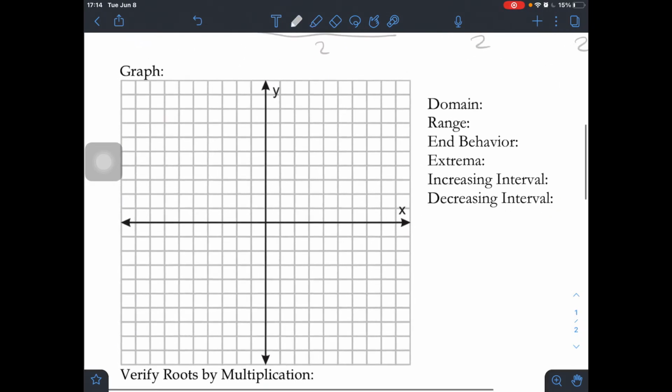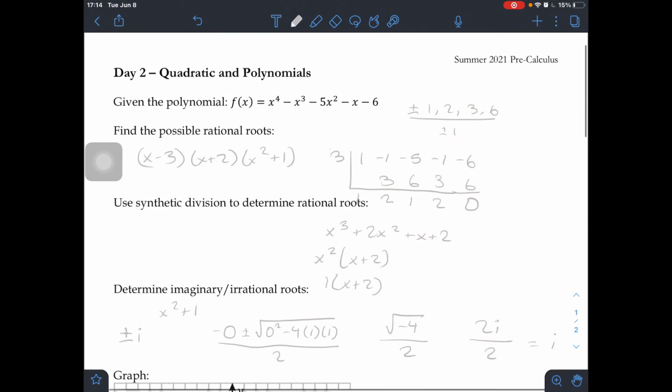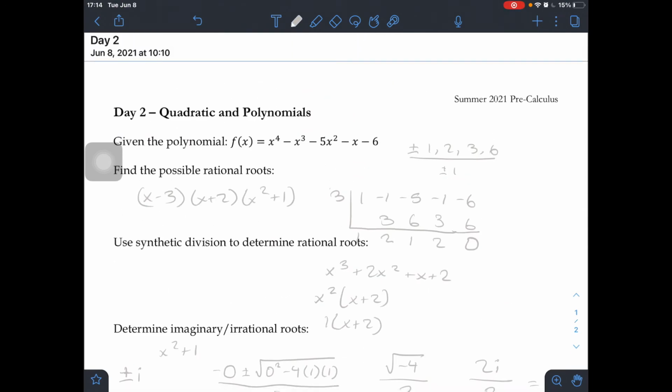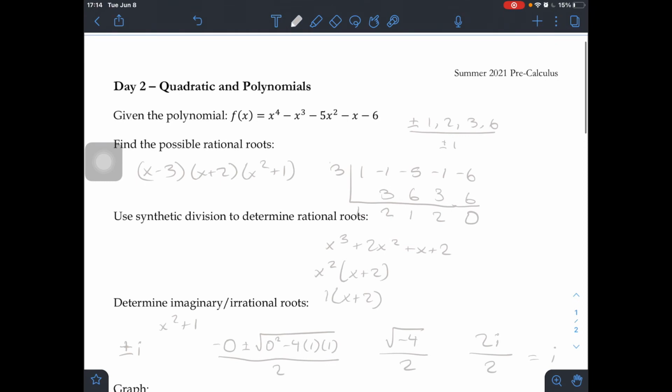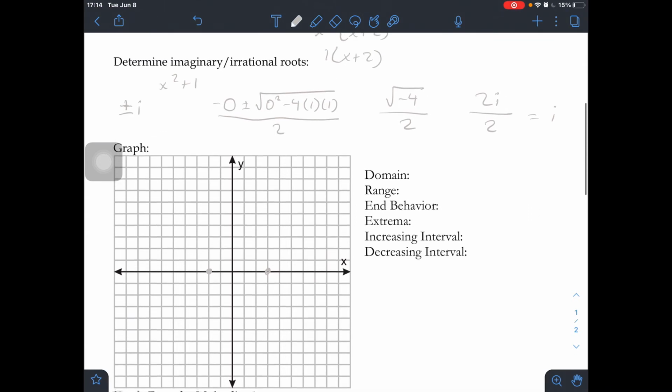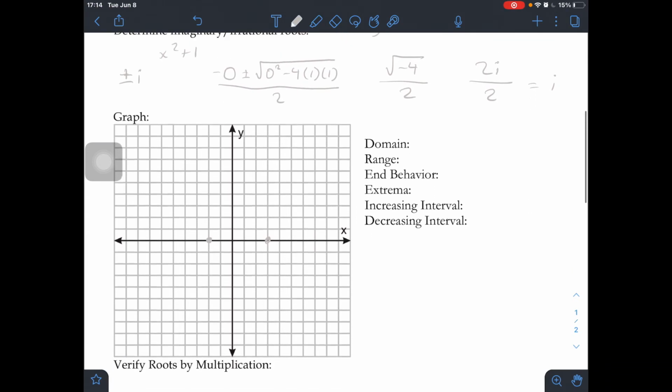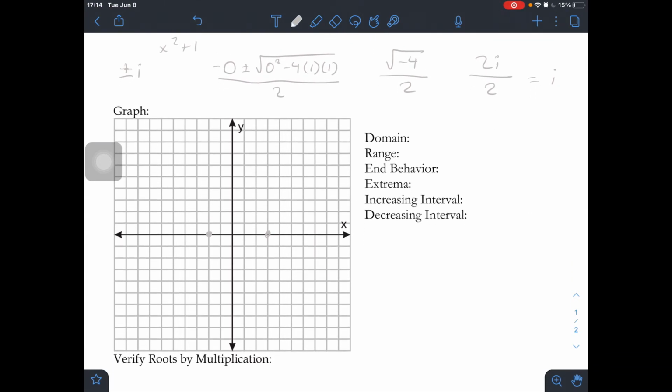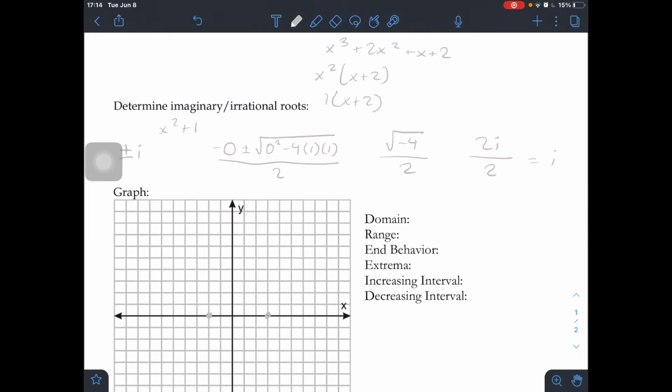And obviously, since the real roots here are x equals negative 2 and x equals 3, it would have to cross the x-axis right here and right here. And since we know that y approaches infinity on both sides, as x approaches both infinity and negative infinity, we can create end behavior arrows like this.